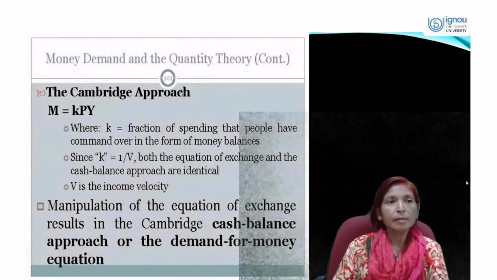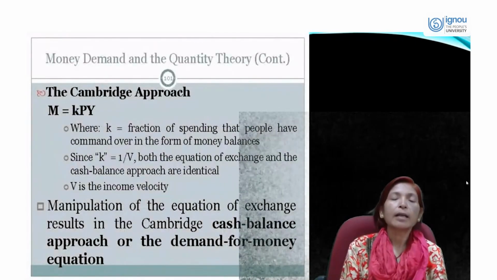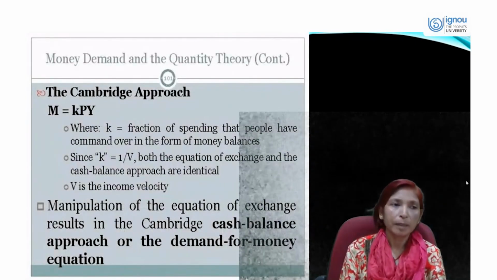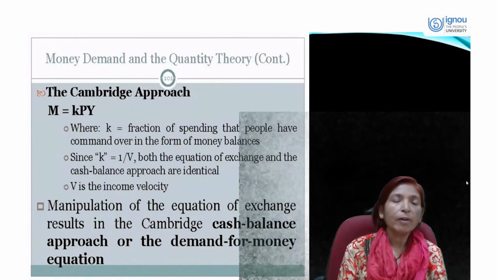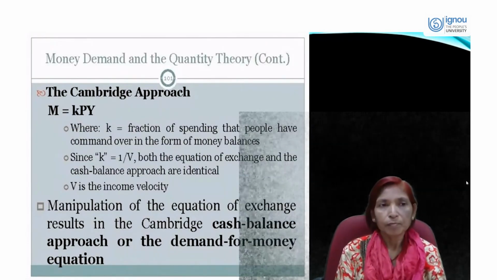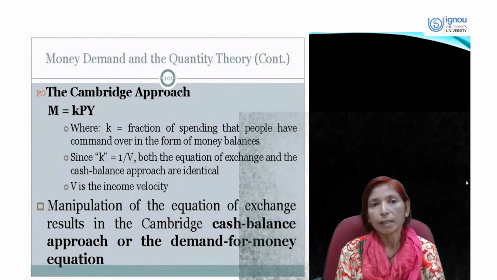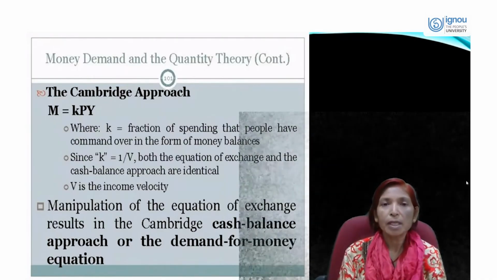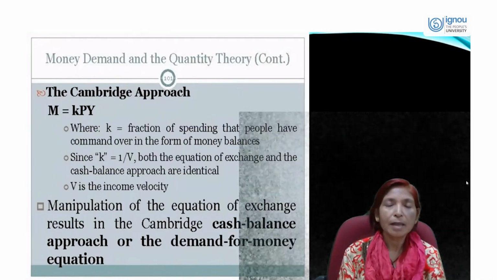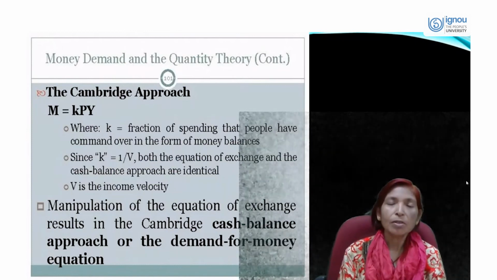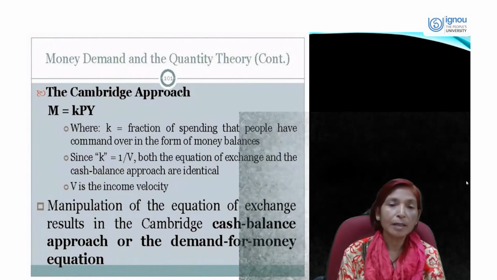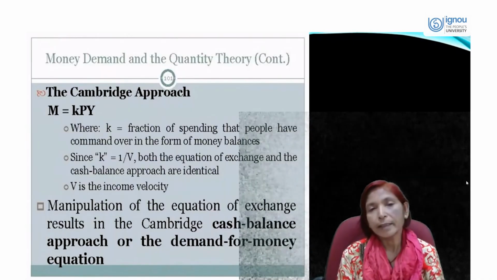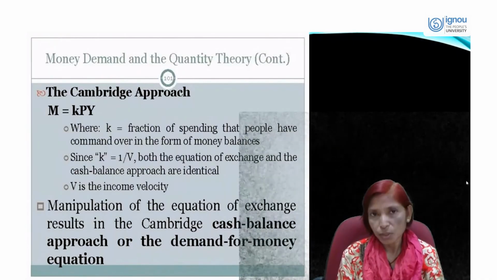Now next is money demand and the quantity theory of money. When we talk about money demand and quantity theory, this approach is called the cash balance approach, because if the quantity theory of money is related with money demand, then it is said to be a cash balance approach.